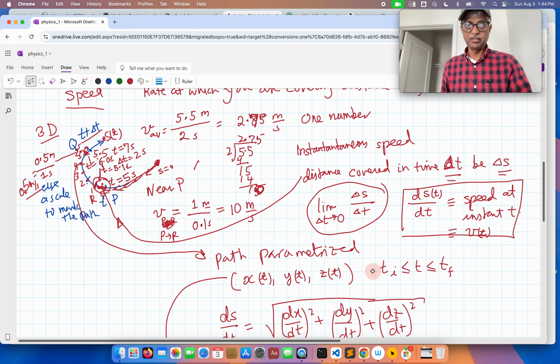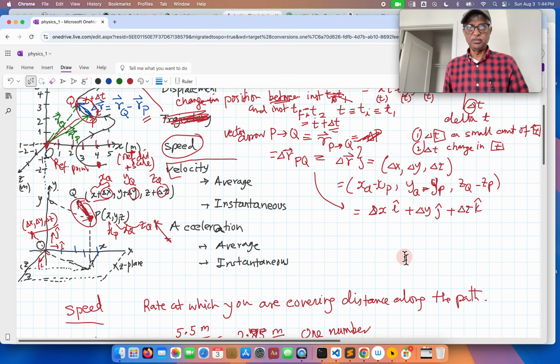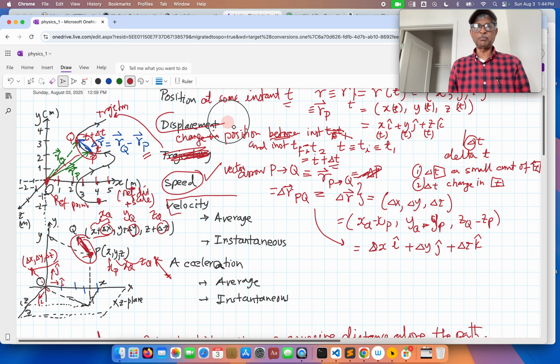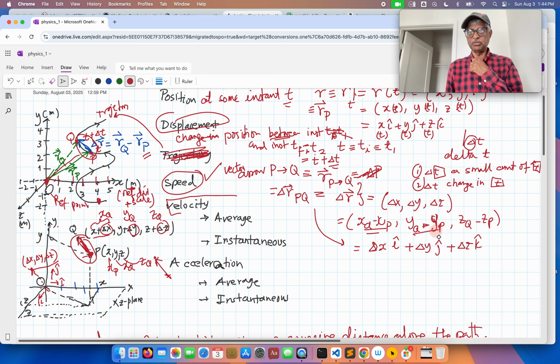Okay, let's go back now. So we've done the speed. The velocity comes straight from what we were talking about, displacement. So displacement was this, right? How much you went in the x direction, how much you went in the y direction, how much you went in the z direction. Or in vector form, you're going to write it like this.